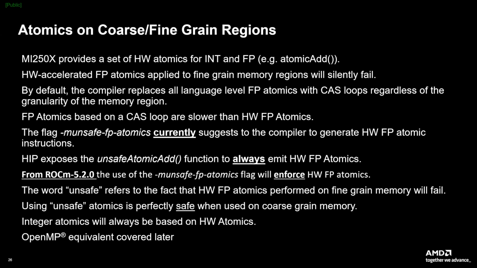So by default, the compiler will use the compare and swap loops, which is a software implementation of that atomic add. So it's going to loop across that memory location and make sure that nobody else is using it, and then do the add, so that if another thread is accessing it, it will not modify it while that operation is occurring.